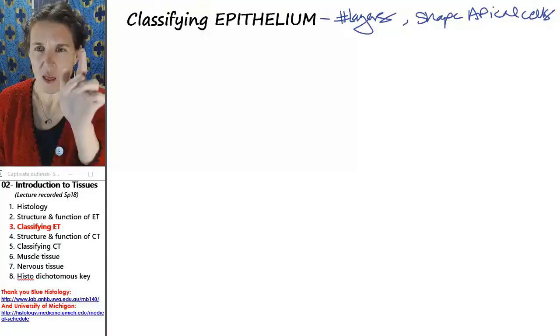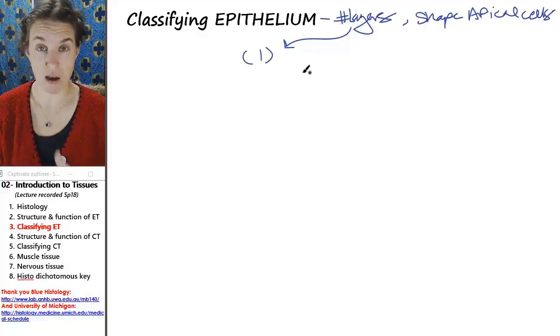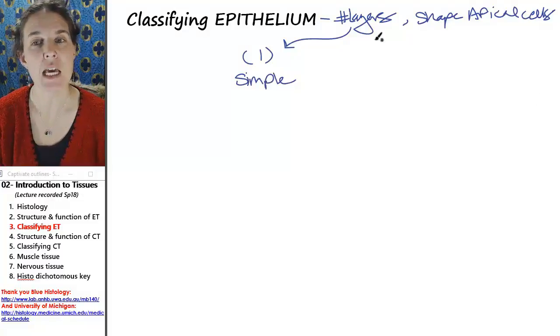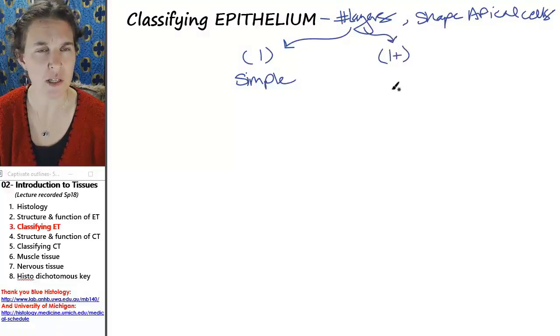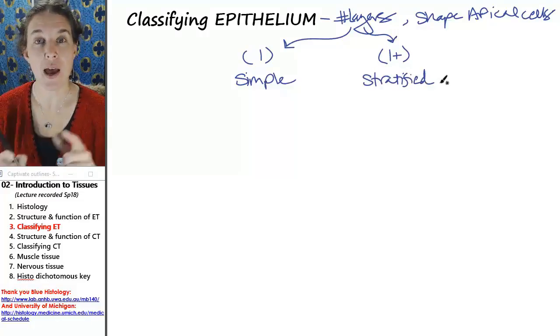If we have one layer of cells, the tissue is called simple. If there's more than one layer of cells, then it's called stratified. So epithelium can be simple or stratified.